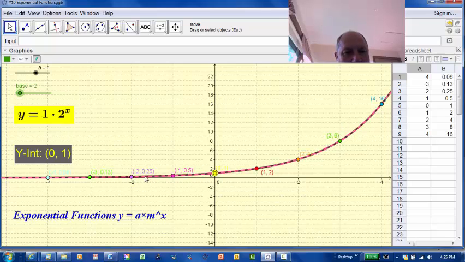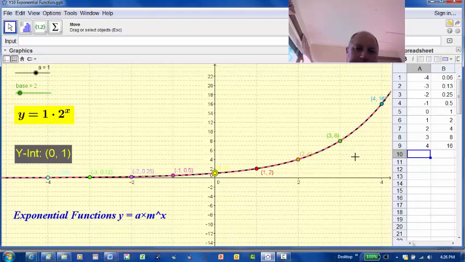Put negative 2 in, 1 times 2 to the negative 2 is 1 times a quarter, so I get a quarter. If I keep putting in very big negative numbers for x, the answer gets closer and closer to 0. When I put negative 4 in, it becomes 0.06. So the bigger the negative number I put in, the closer we get to 0.